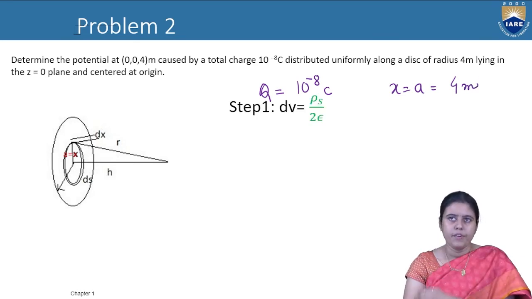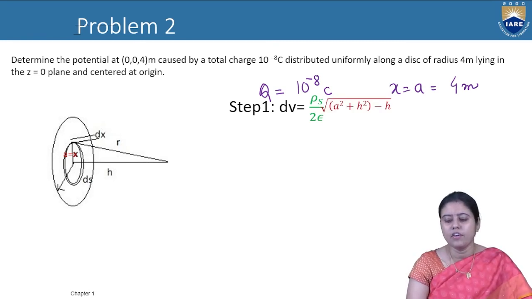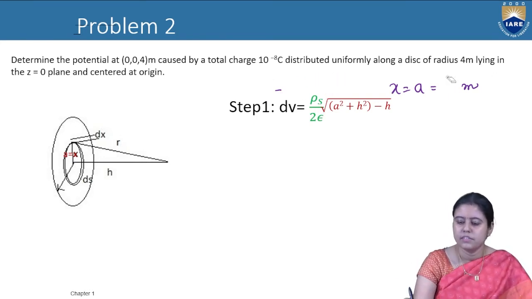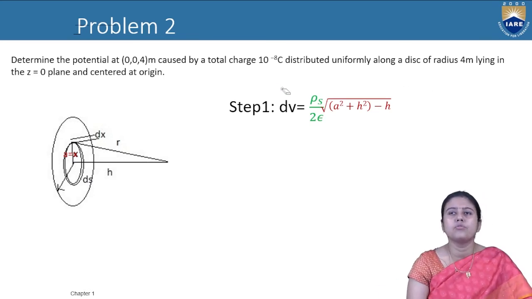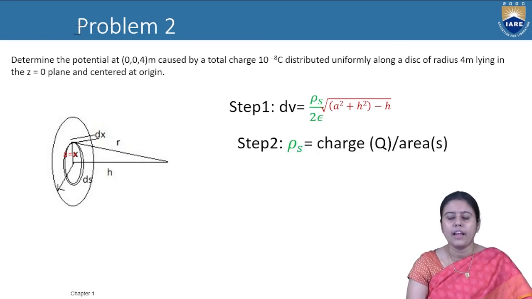So first step, we have to calculate dB. Already we know that V is equal to rho s by 2 epsilon into root of a square plus h square minus h. What is step 2? We have to calculate charge per area.